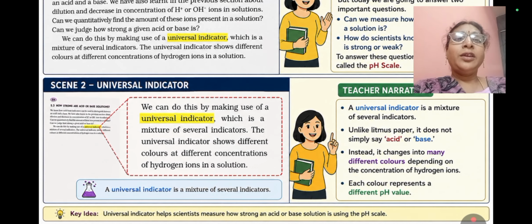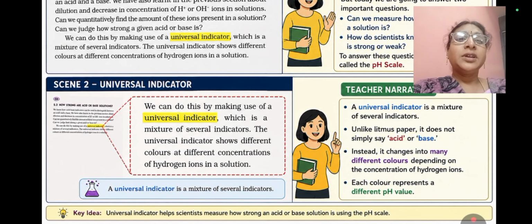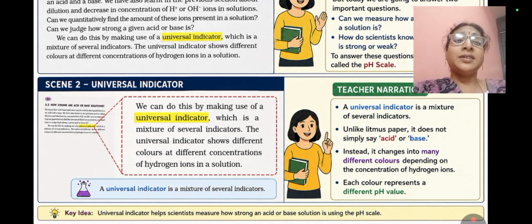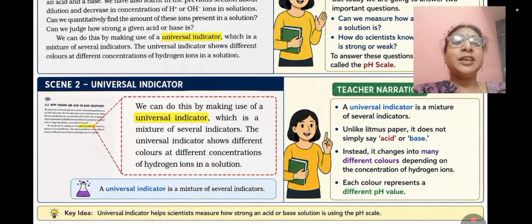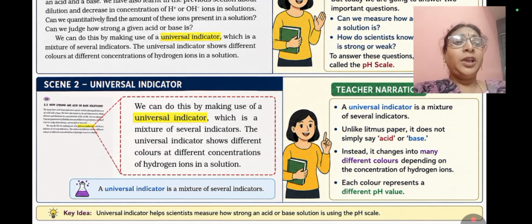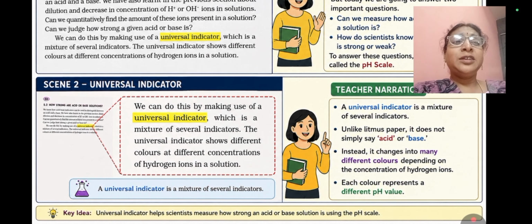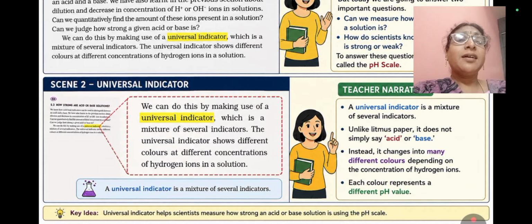A universal indicator is a mixture of several indicators. The universal indicator shows different colors at different concentrations of hydrogen ions in a solution. Unlike litmus paper, it does not simply say acid or base.